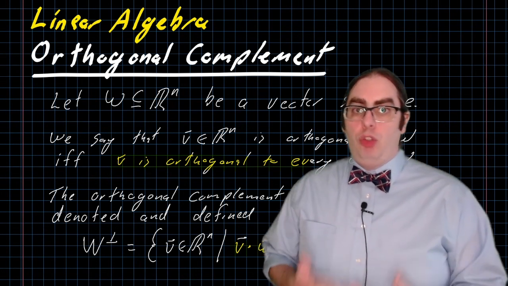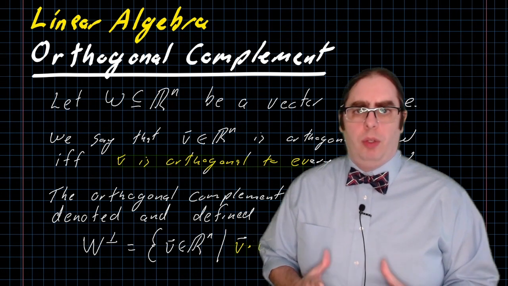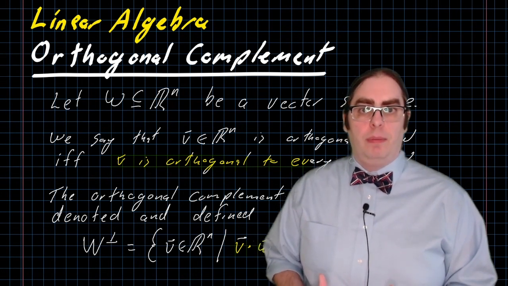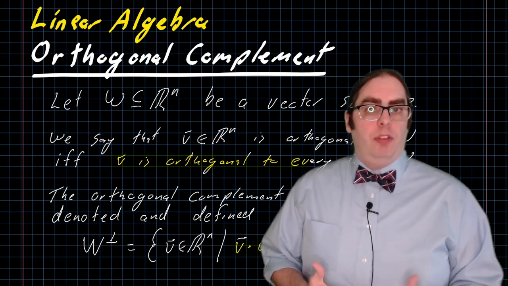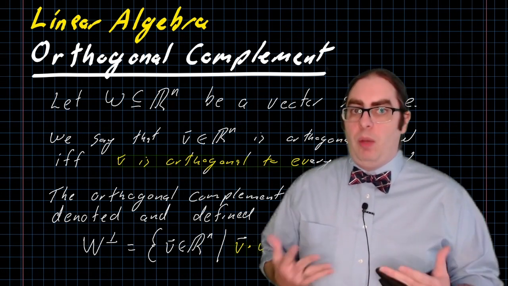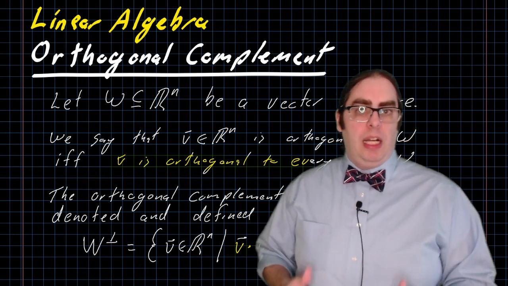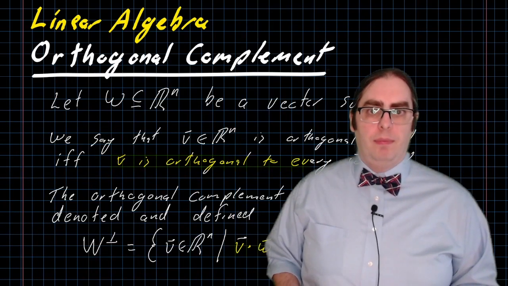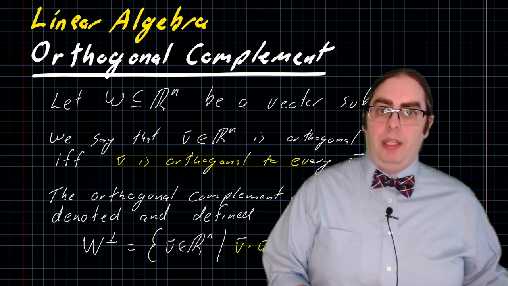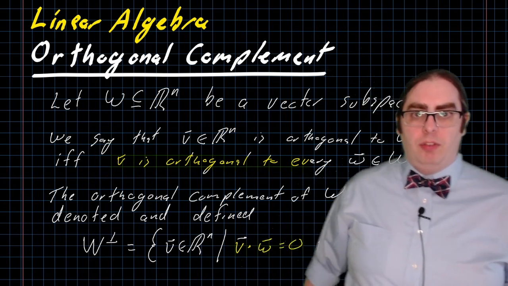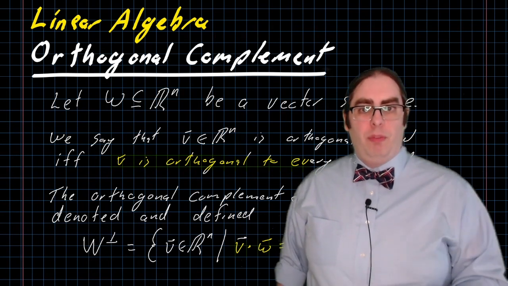And in 2 and 3 dimensions, this is really easy to understand, although it can be a little bit difficult to draw. A one-dimensional vector space is a line. A one-dimensional subspace of R2 is a line in the coordinate plane. A one-dimensional subspace of R3 is a line somewhere in space. A two-dimensional vector space is a plane.